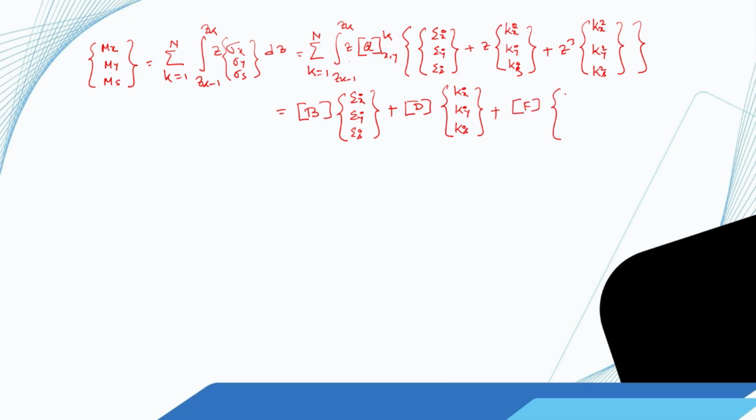So, F matrix multiplied by kappa x 2, kappa y 2 and kappa s 2, where we define F matrix as summation k is equal to 1 to n, integral from z k minus 1 to z k of z to the power 4 q matrix with respect to xy system for the kth ply, integrated and summed up.